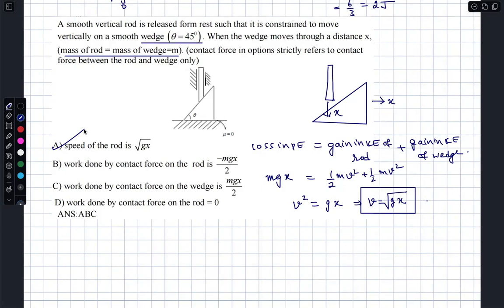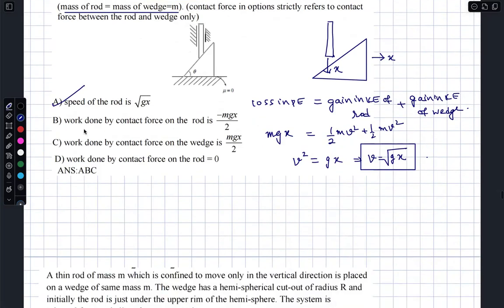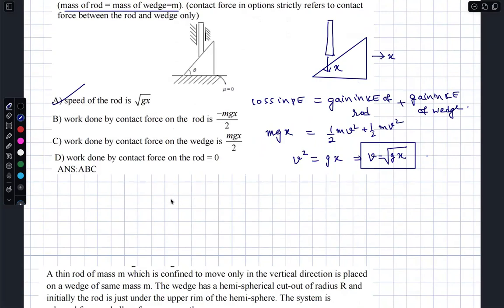Now please try to understand. See here, the contact force does work on the wedge. Like see, on the rod, suppose if there is some Ny, for example.